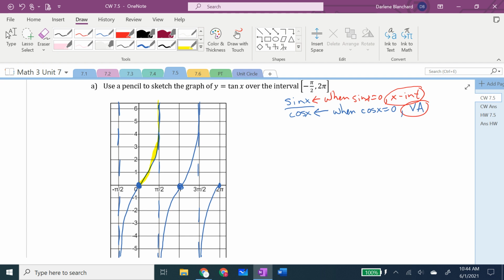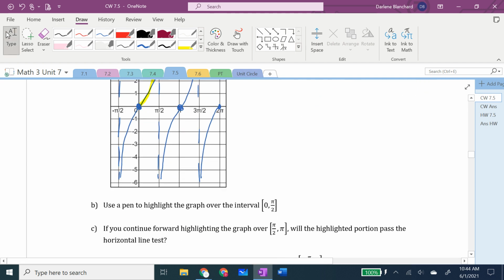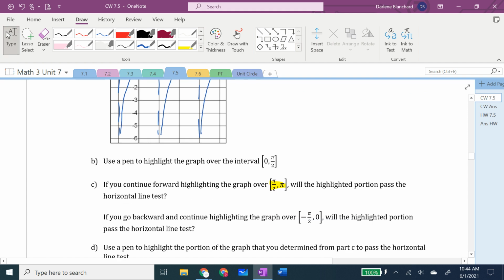So I just highlighted the 0 to pi over 2. That section definitely is used for the inverse. Then you have to figure out whether it's going to continue from pi over 2 and go to pi, or if it's going to go backward from 0 to negative pi over 2.